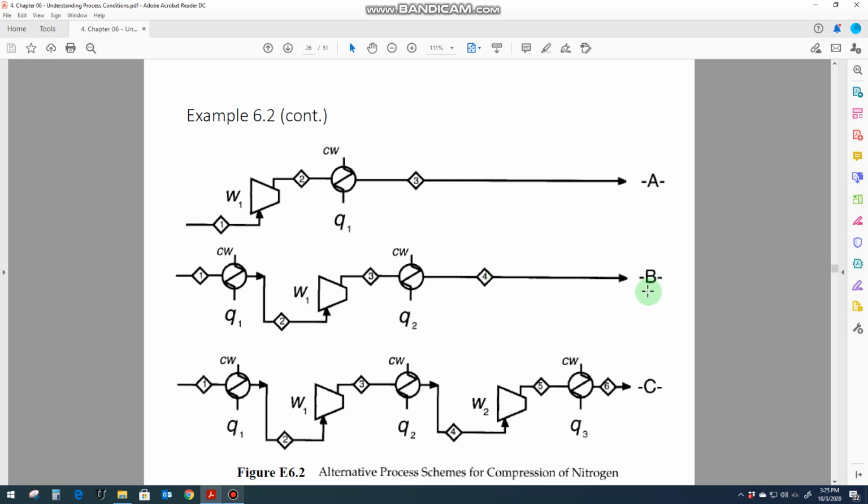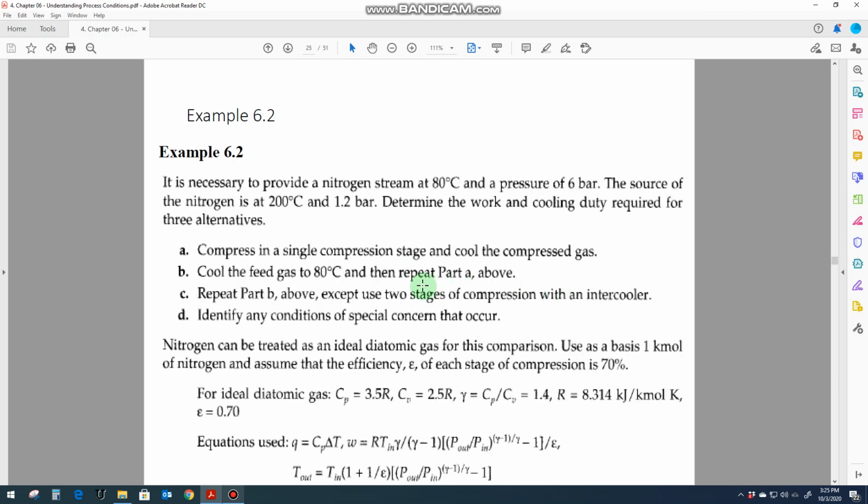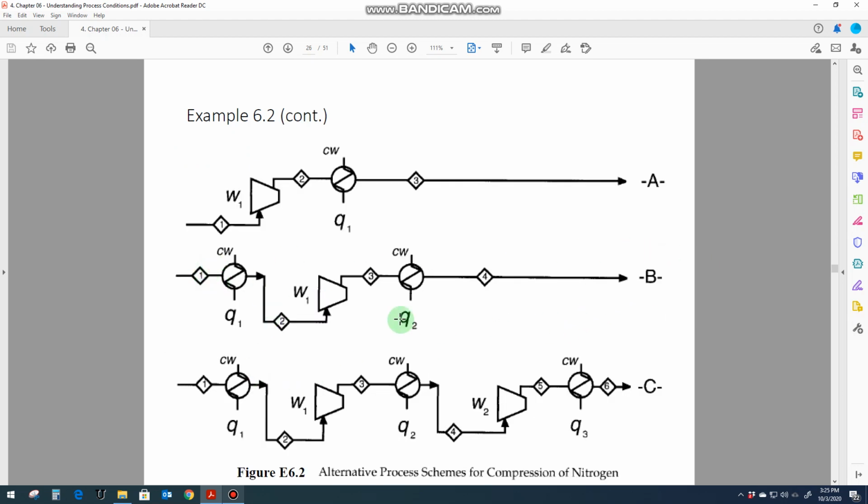This is how you make alternative B. Now the third one, repeat part B above, except use two stages of compression with an intercooler. So the first part would be here again, and you just use interstage cooling between the compressors. Here you would first cool down to 80 degrees centigrade, then compress it, cool it again, then compress it again, then cool it again. So this is alternative number 3.